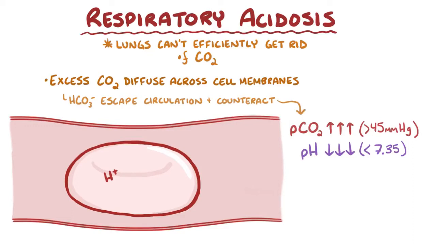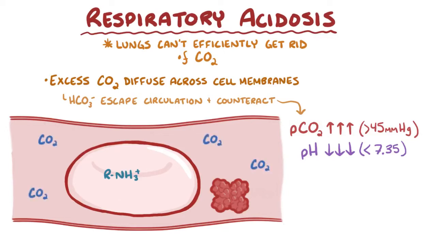At the same time, though, free hydrogen ions are generated, which could very well make the intracellular environment acidic. Fortunately, they can be bound and neutralized by various basic molecules within the cells, mainly exposed NH2 or amine groups in proteins like hemoglobin. The concentration of these proteins, though, is too low compared to the amount of excess carbon dioxide molecules floating through the blood.